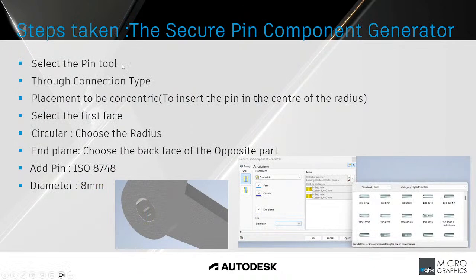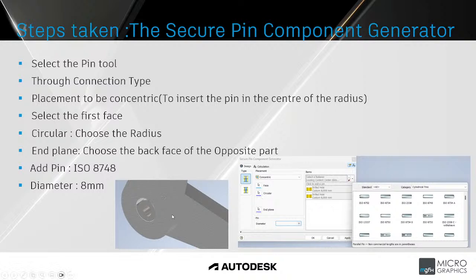So steps that you have to take for the secure pin component generator. First, you select the pin tool. The type, I will select the through connection type, as you can see. Placement, I'll choose concentric. So the first option you have to do is your face. So I've selected this face because I want the pin to be inserted from that side.